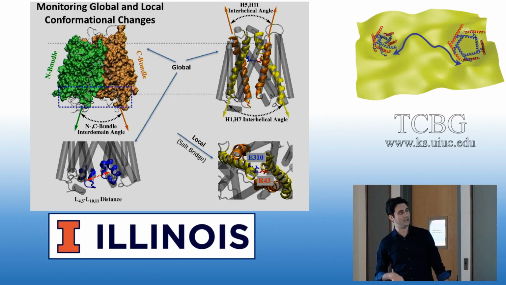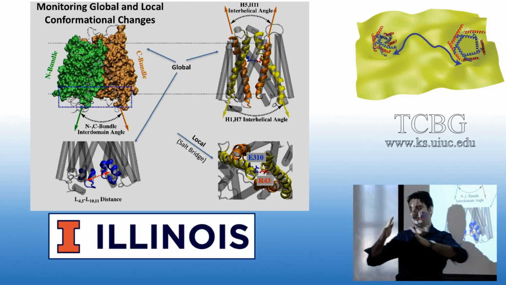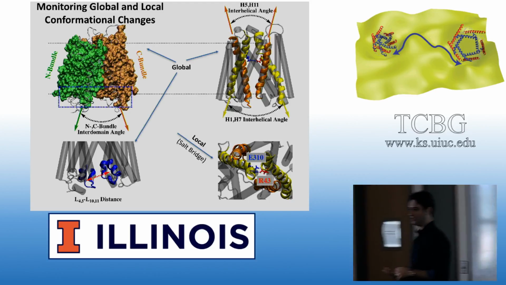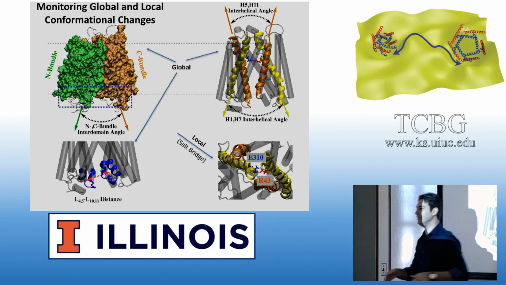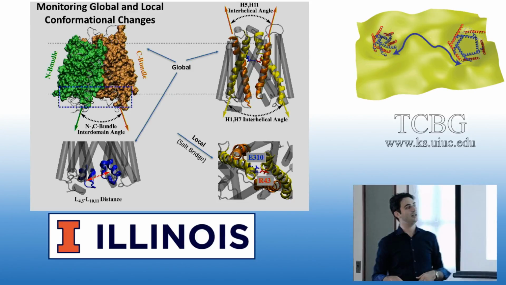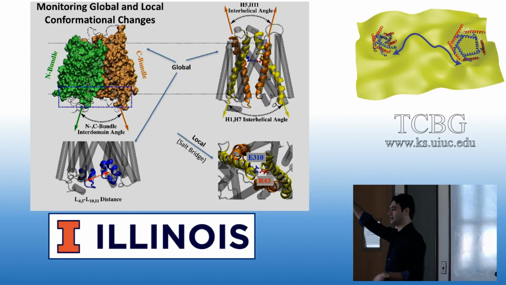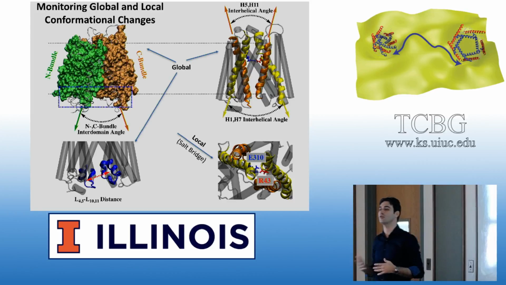So there are other measures that can capture larger scale conformational changes: the angles between individual helices, the interhelical angles. That tells you more specifically whether the extracellular gate and intracellular gate are opening or closing.